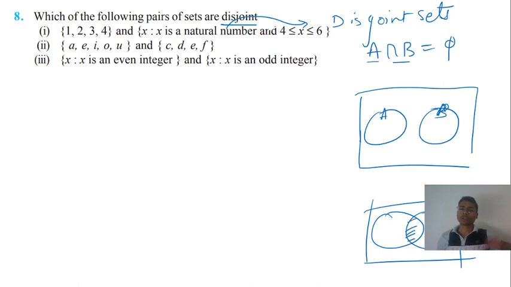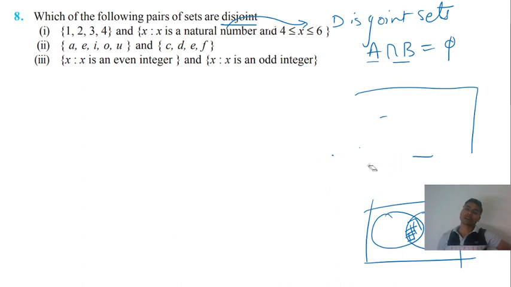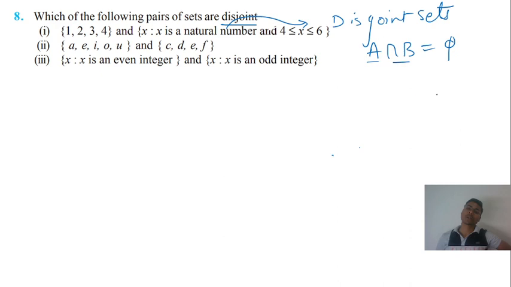Here some boundaries are common, so this is not a disjoint set, but if the intersection is 0 or phi, then it is called a disjoint set. Okay, you got the point. If two sets have no common elements, then the two sets are said to be disjoint sets.